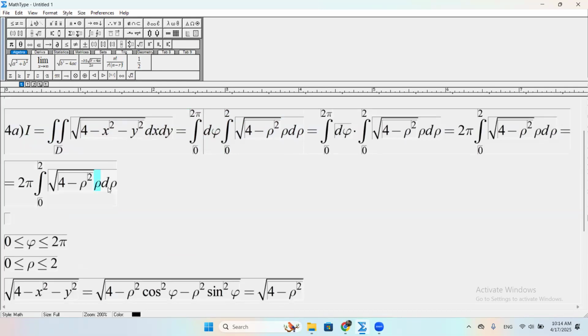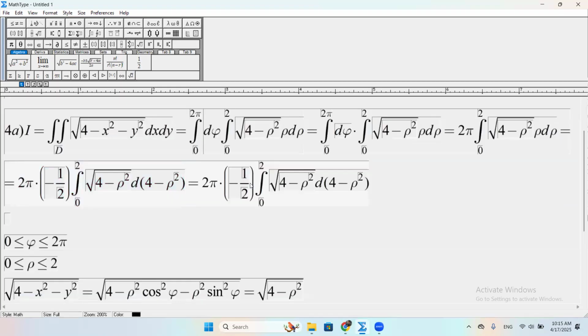So differential over this stuff, but we have not to break the equality, so it will be multiplied by minus 1 over 2. So now everything is correct. So let's simplify also this stuff. So it will be minus pi.